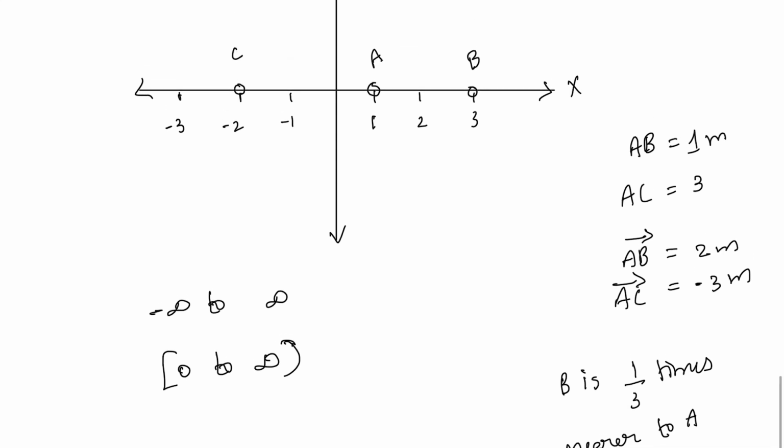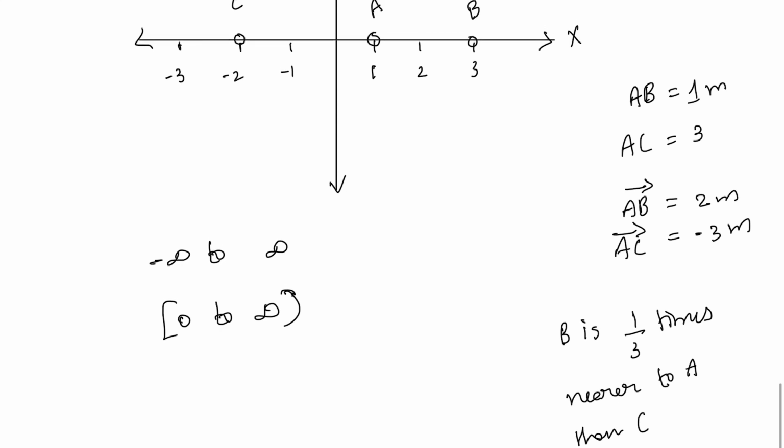Whereas if someone is asking what is the displacement ratio between B and C, it is totally meaningless to calculate it as minus 3/2, because a negative ratio doesn't make any sense at all.